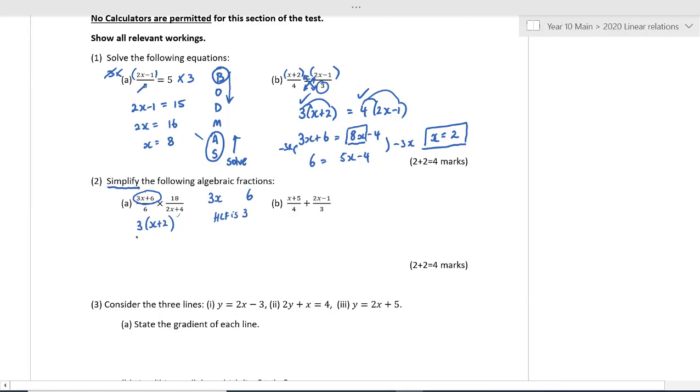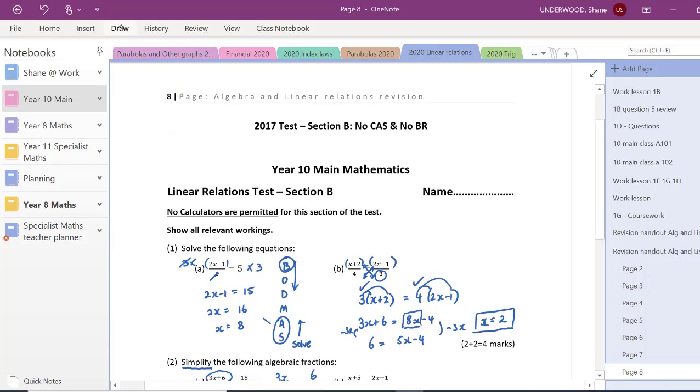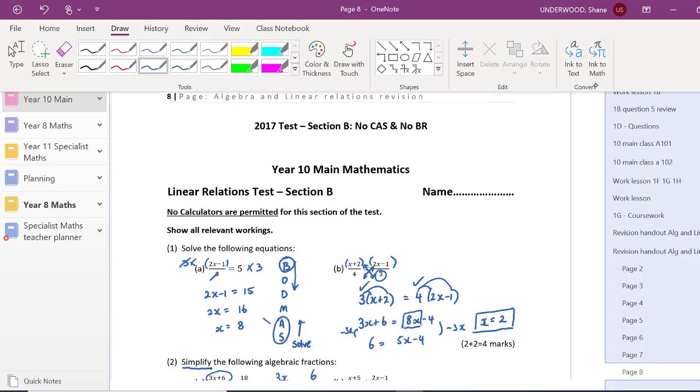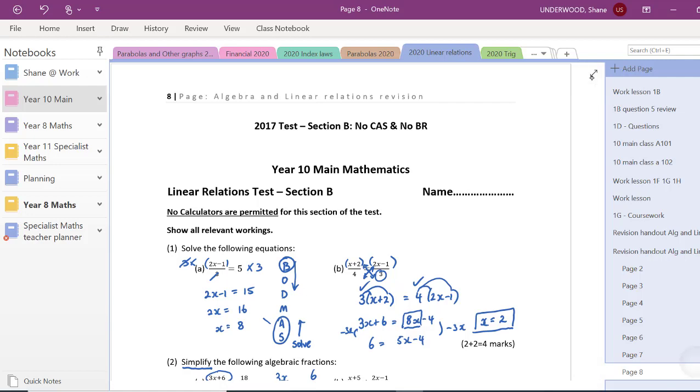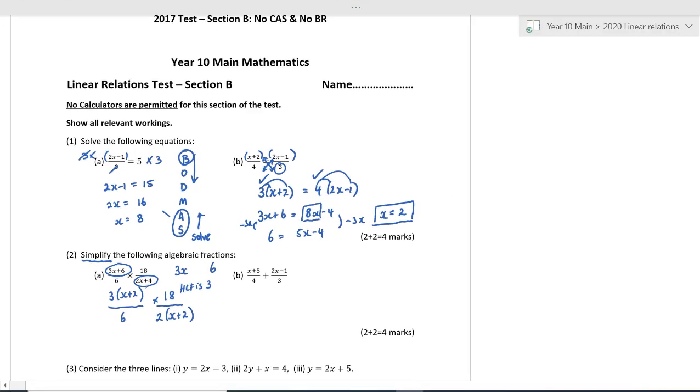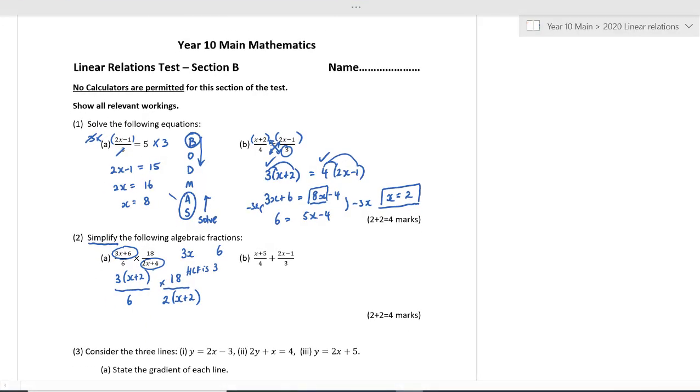I'm going to leave the top, and I'm going to factorize the bottom. If I take 2 out, what does it have in common? x plus 2. So as you can see, what's going to happen now? Well, we've got an x plus 2 on the top, we've got an x plus 2 on the bottom, and those, of course, we're multiplying.